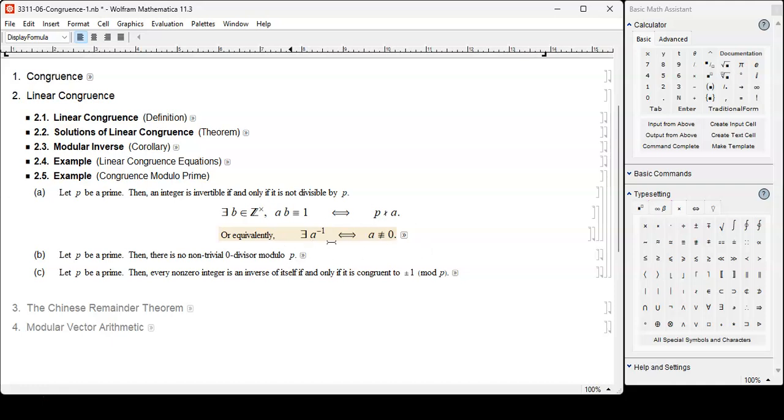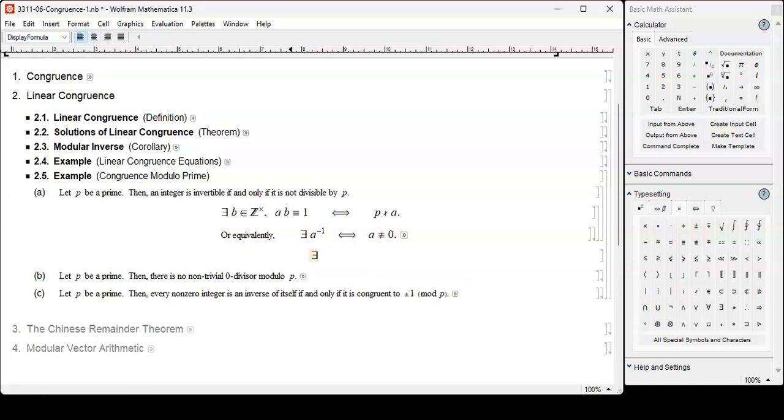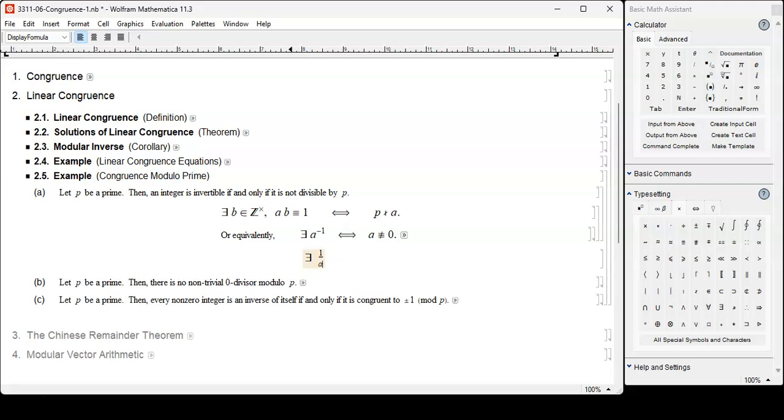But if you look at it from a second viewpoint, this is something we had been using for a long time, don't you think? There exists the multiplicative inverse, 1 over a, if and only if a is non-zero. This is something we have been using for rational numbers, real numbers, even complex numbers. Denominator should be non-zero.